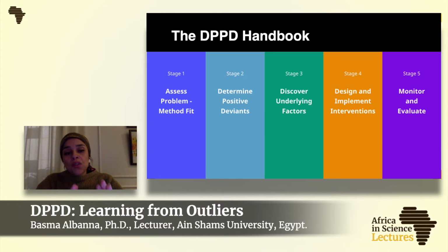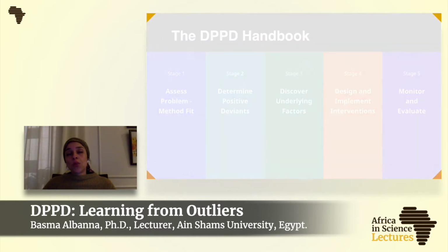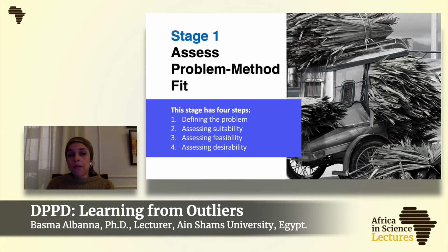But the most crucial stage is stage 1, where instead of just defining the problem, it's extremely important to assess if this problem fits the method and if you can lend this problem to the data-powered positive deviance method.